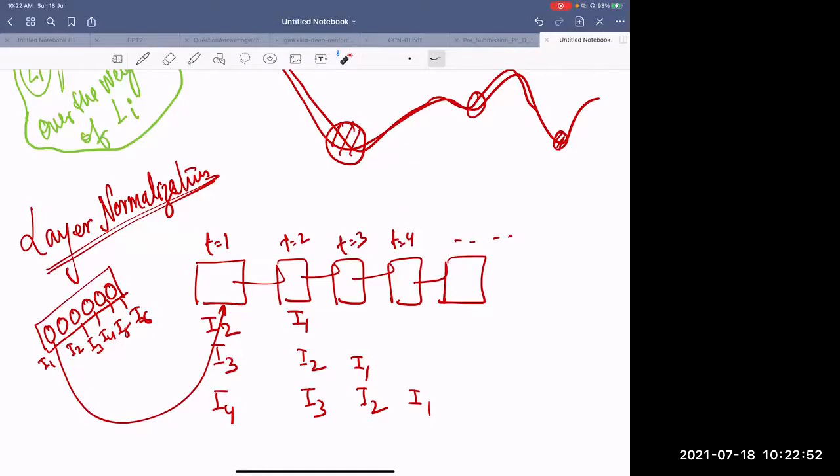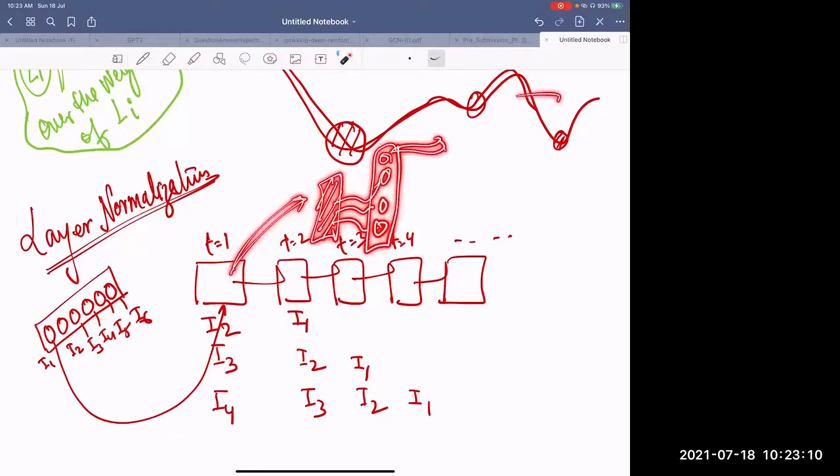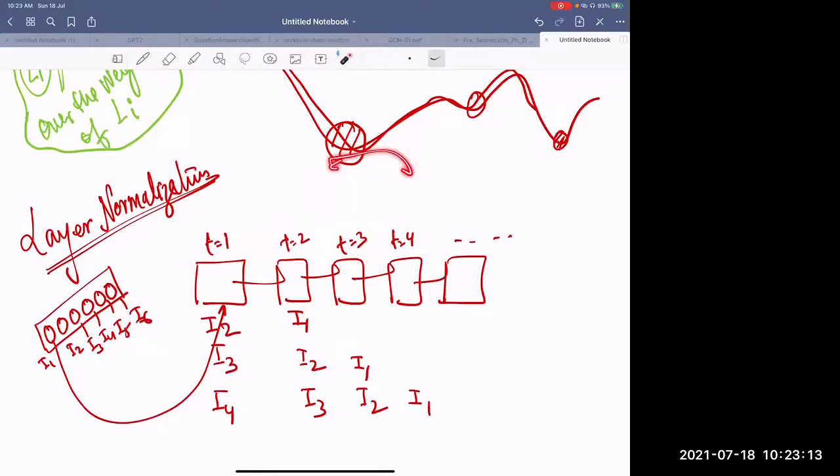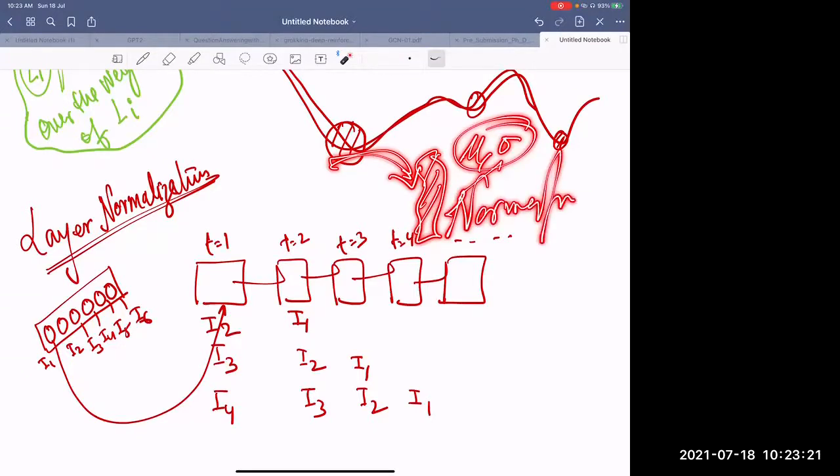And instead of doing it for a batch, you want to normalize it with respect to any given layer in your network. For a given layer, you just see what the output is that this layer is giving continuously, take all the data that's been shown to this layer, find out what the mu and the sigma are, and normalize instead of the batch notion.